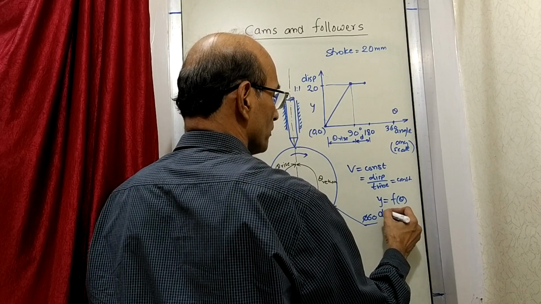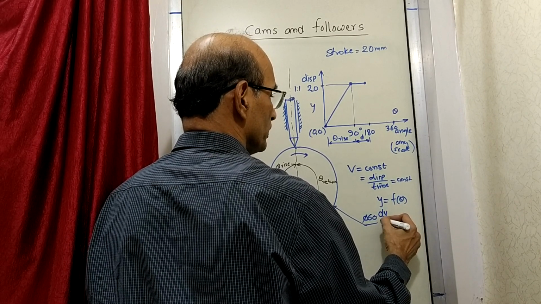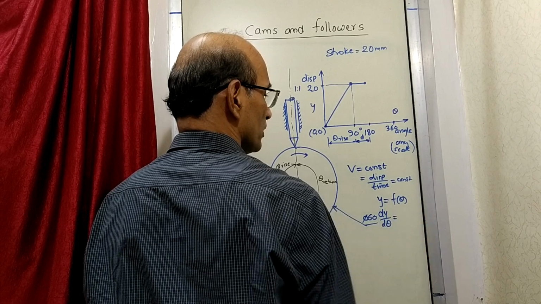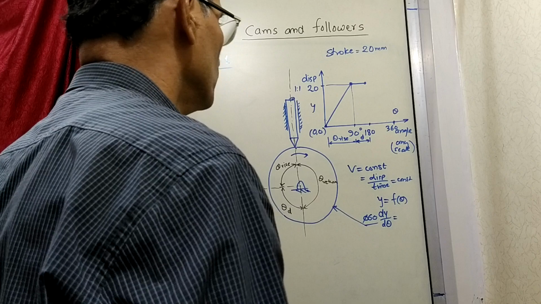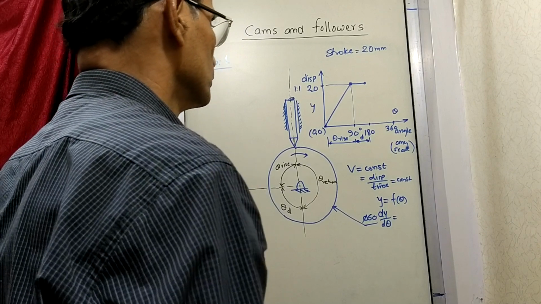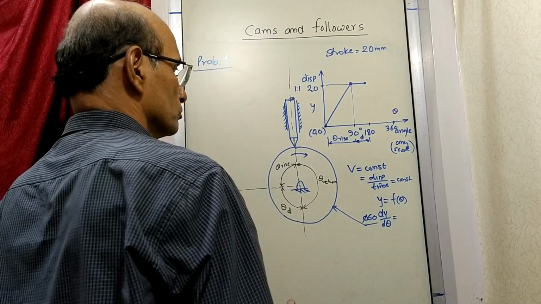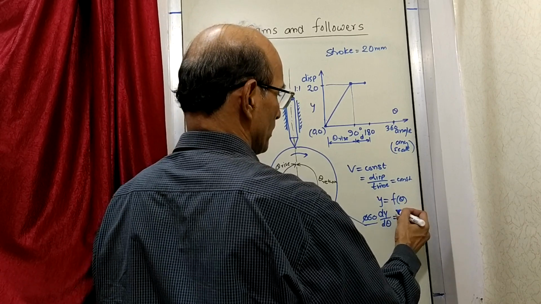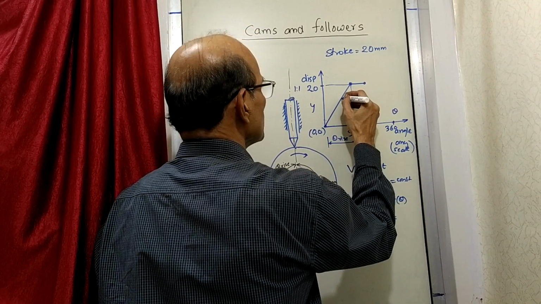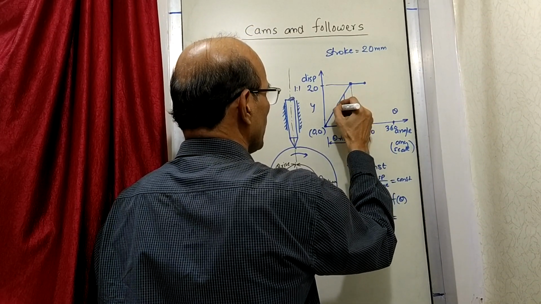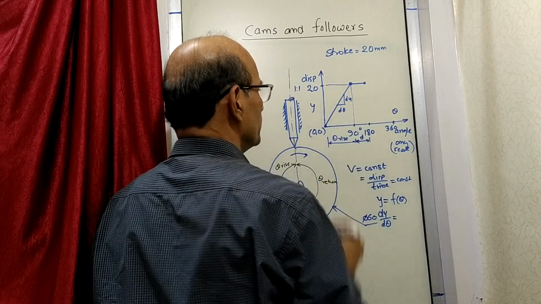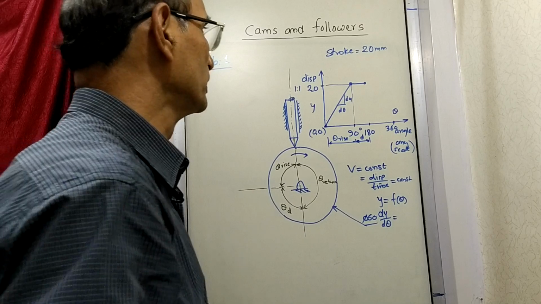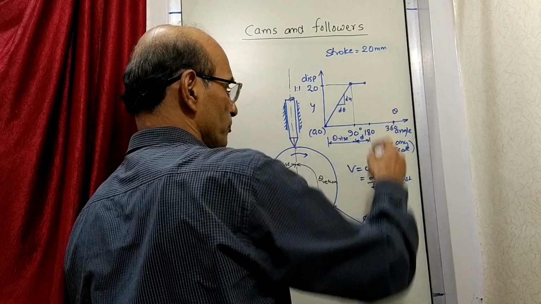So dy by d theta is equal to, see d theta is the angle. Suppose you now draw a line like this anywhere, then this is going to be your dy, and this is going to be d theta. So dy by d theta is the slope of this line.